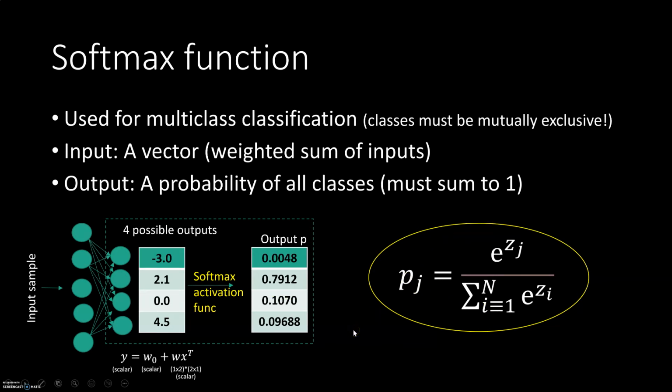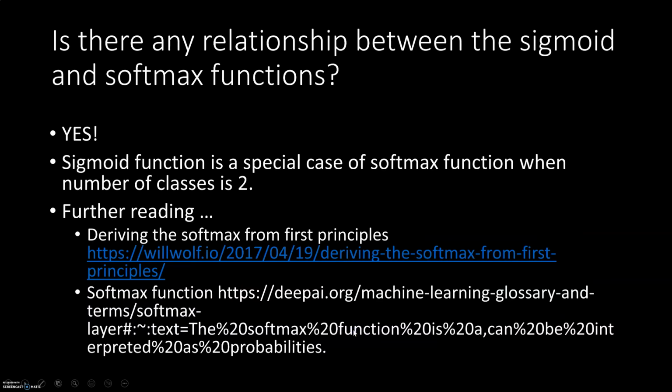Pretty simple. Now, you may be wondering if there is any relationship between the sigmoid and the softmax function, and the answer is yes. The sigmoid function is a special case of the softmax function when we have a binary classification problem. If you want to dive deeper into understanding that relationship, I would encourage you to check out these 2 references here.